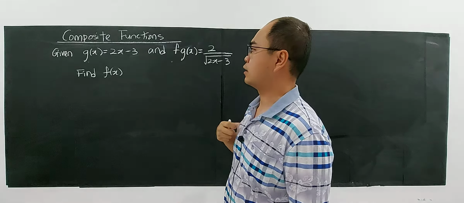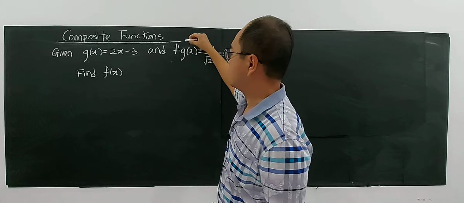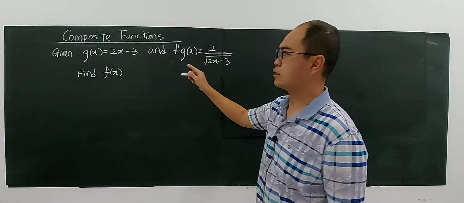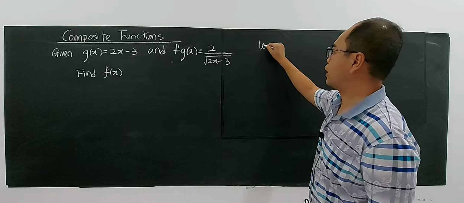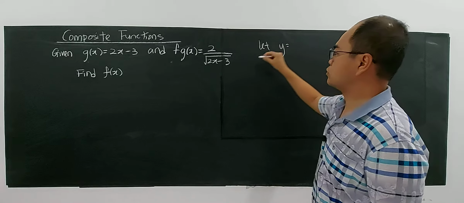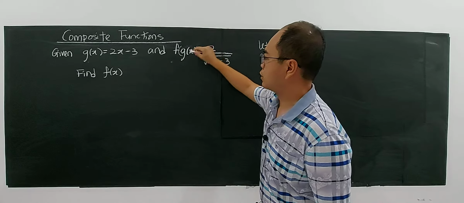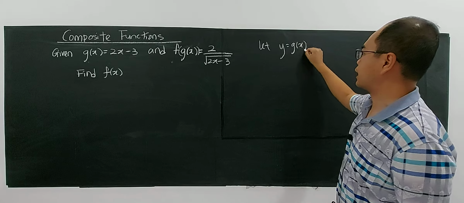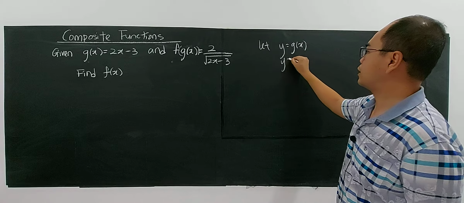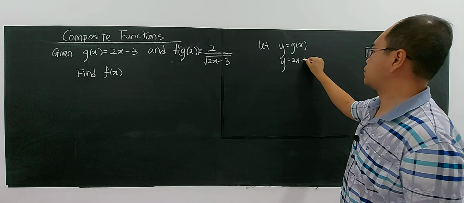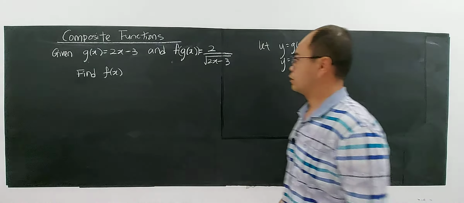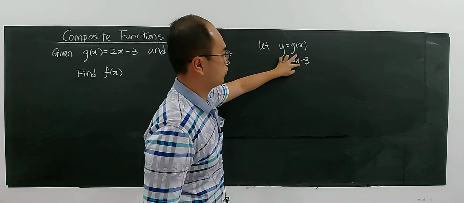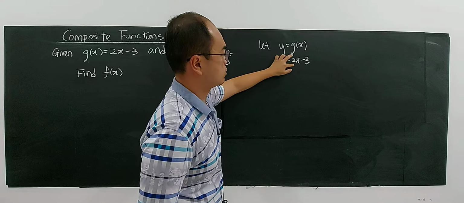So the technique is to let y equal the function g(x). So you have y equals 2x minus 3. If you don't want to rearrange this, y is 2x minus 3.